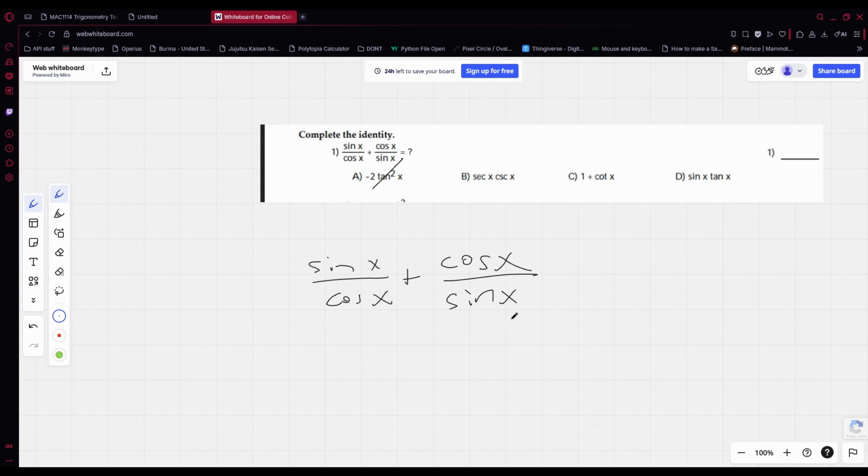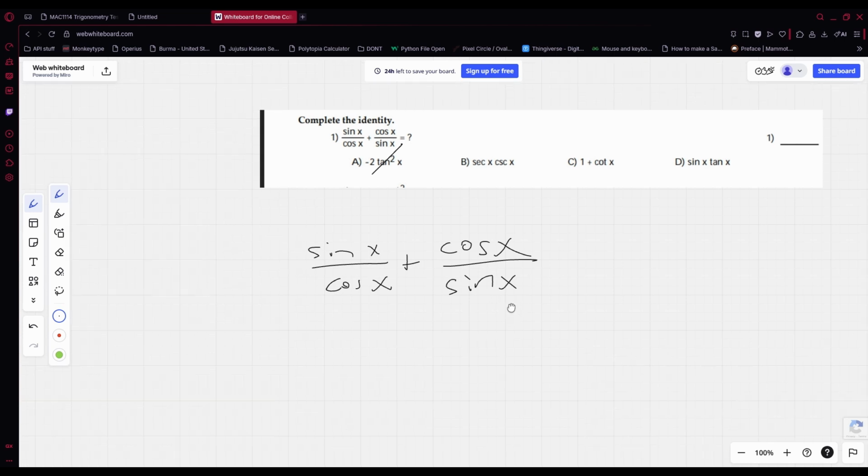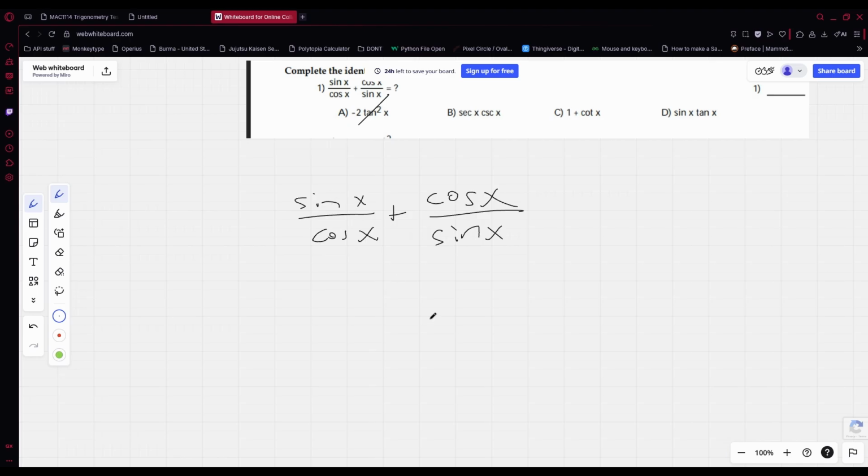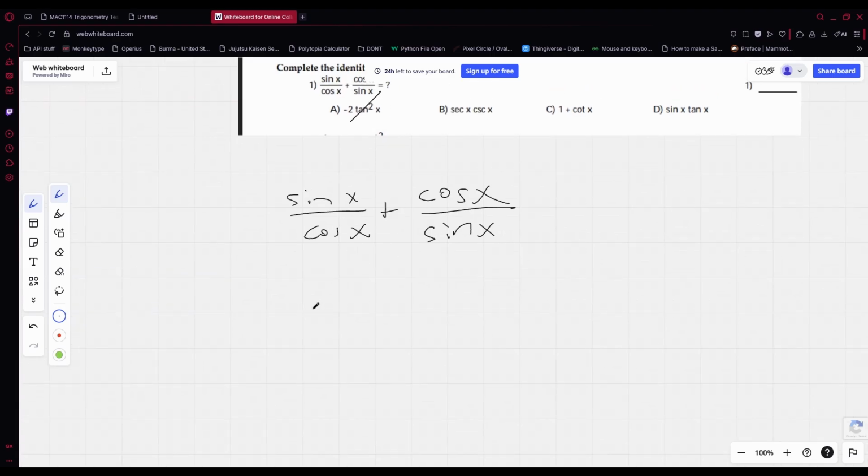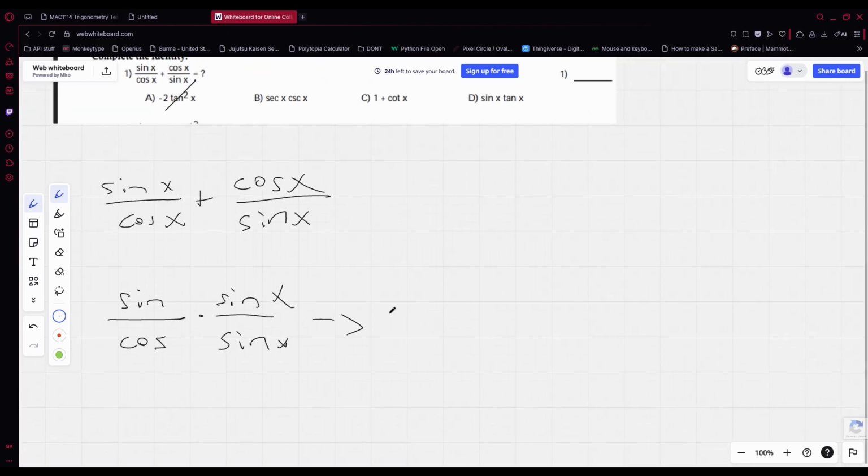The only thing I can think of is to combine the fractions by making them like denominators. So I'm going to do sine over cosine, and I need the denominator to have sine in it, so I'm going to multiply by sine over sine. That'll give me sine squared x over cosine x sine x.